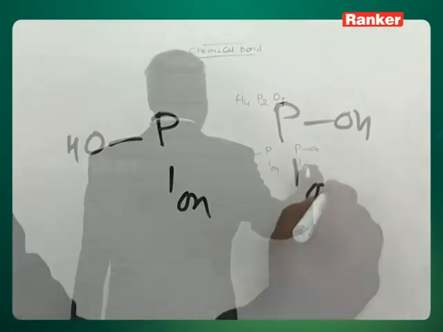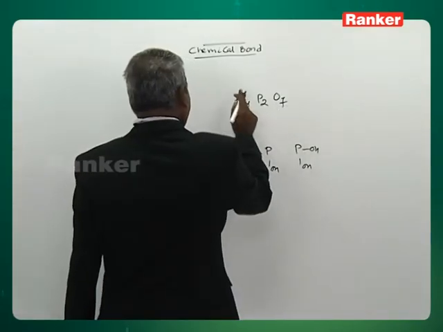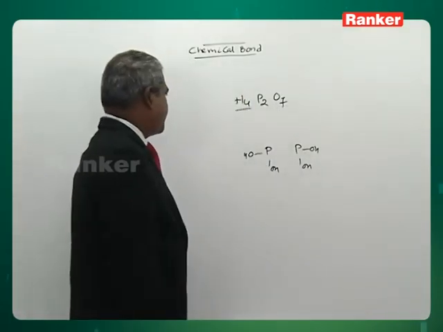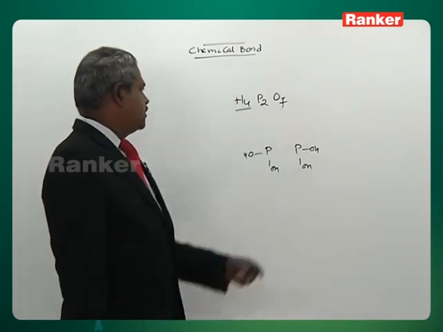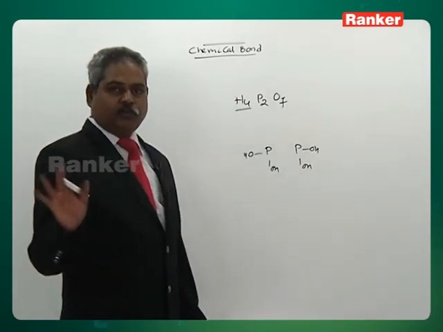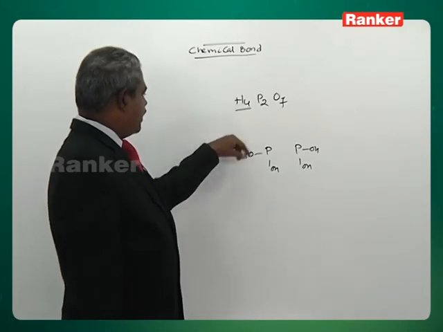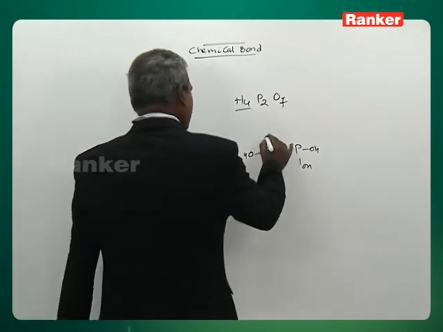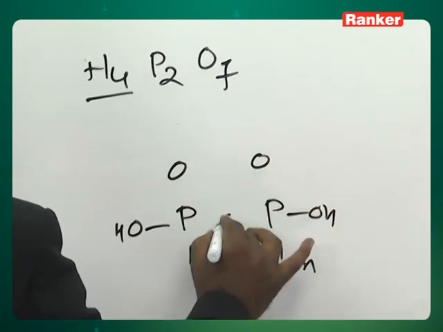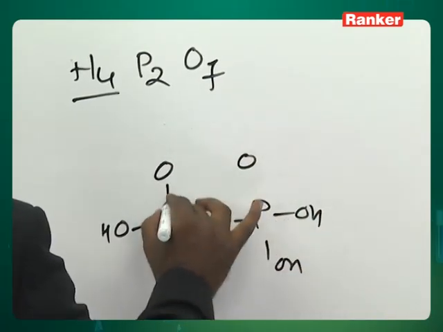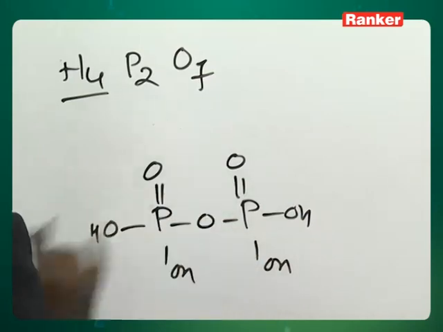How do you know the number of OH groups? The number of OH groups is equal to the number of hydrogens present. If you have 4 hydrogens, 4 OH, except in 2-3 cases, don't bother about them. It is universal. 4 hydrogens, 4 OH. And 3 more oxygens distribute equally, and the 7th oxygen in the middle is shared by both.